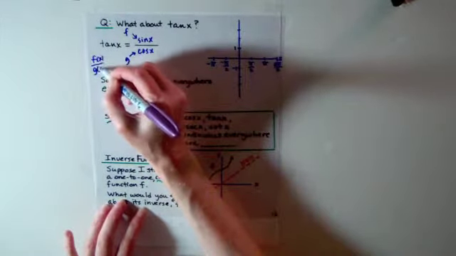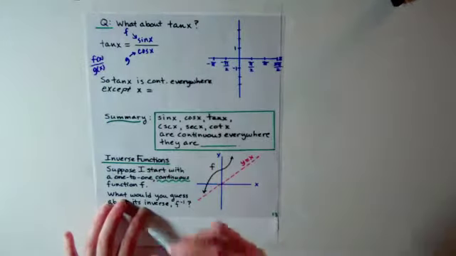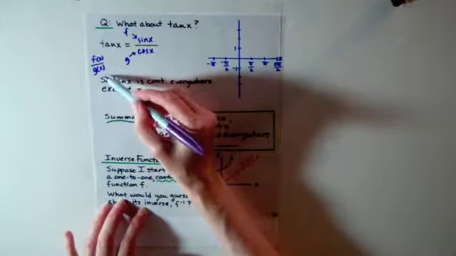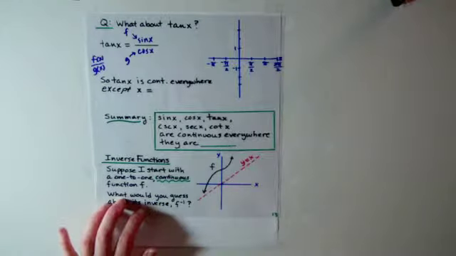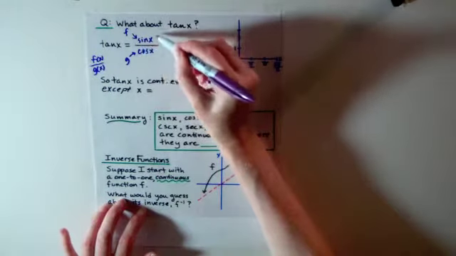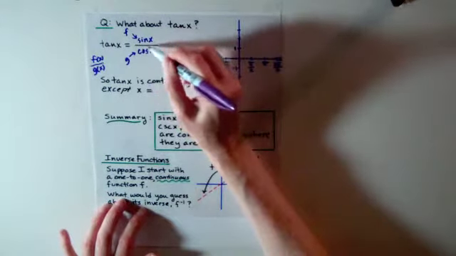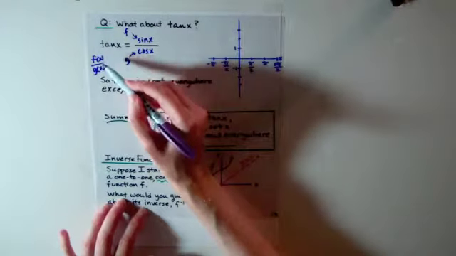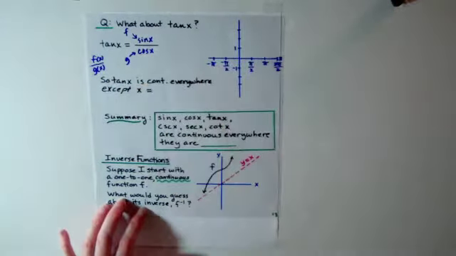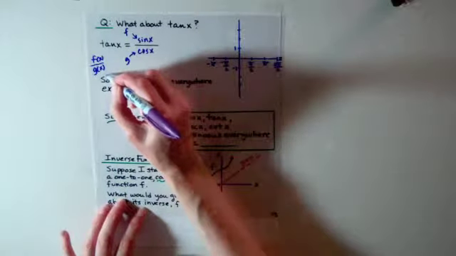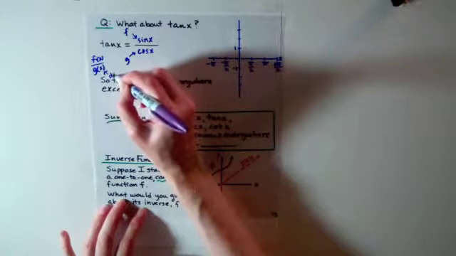So maybe I should write f of x over g of x is continuous everywhere except where g of x is equal to 0. So since sine x is continuous everywhere and cosine x is continuous everywhere, f of x over g of x will be continuous at every single value of x, with the exception of places where the denominator is equal to 0.